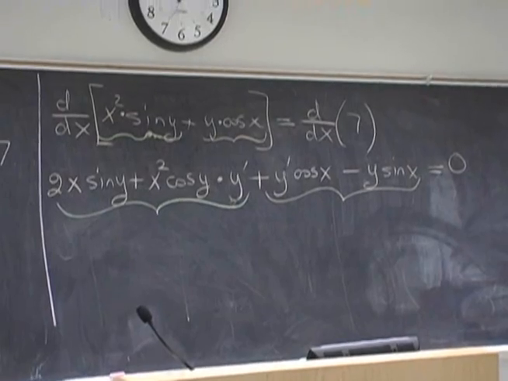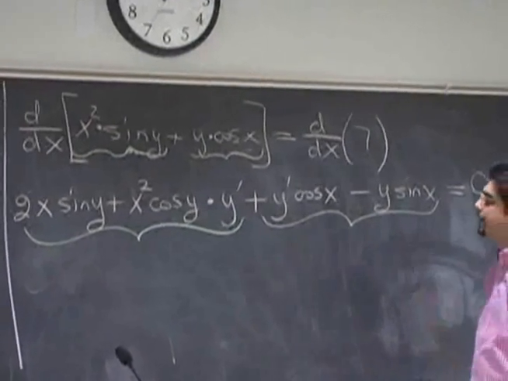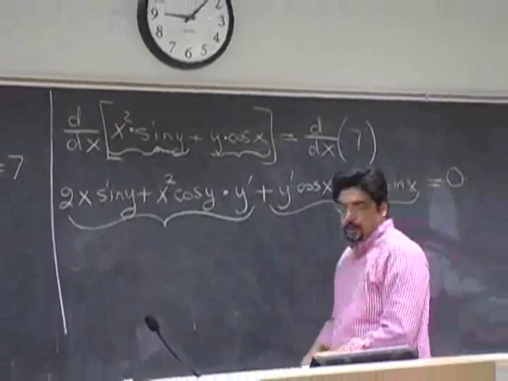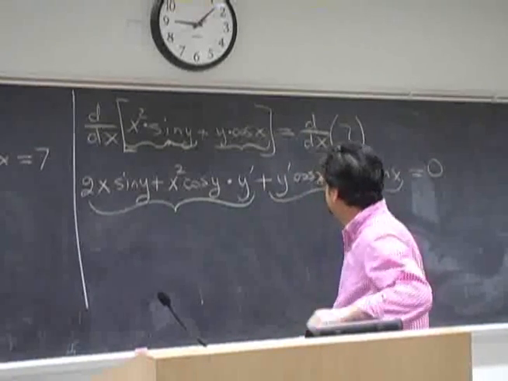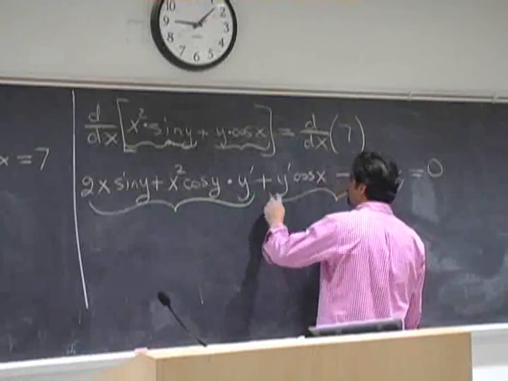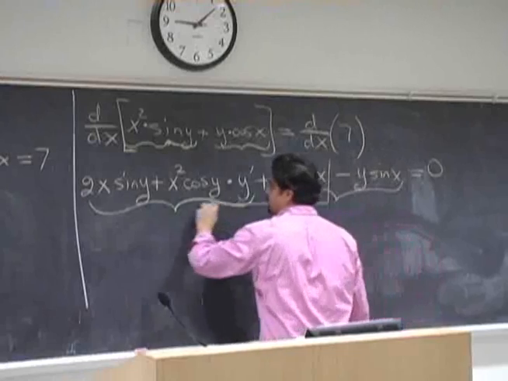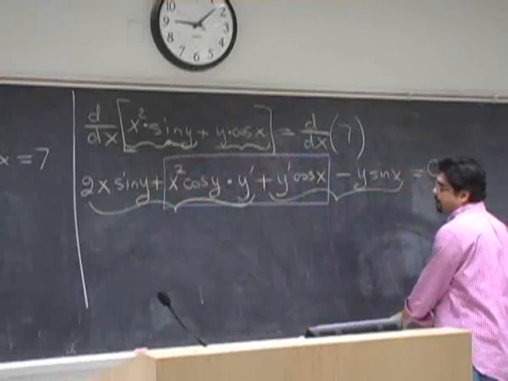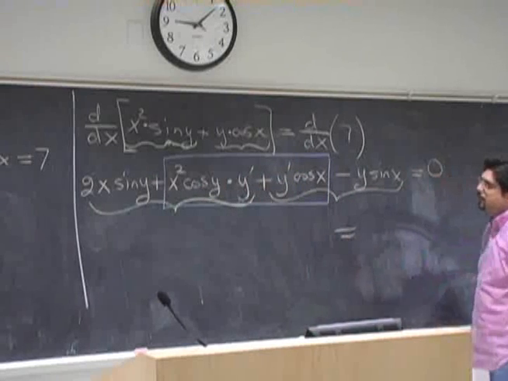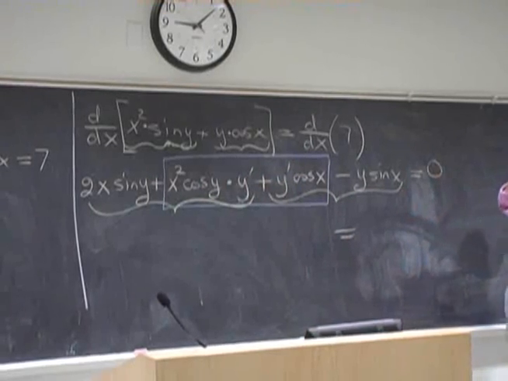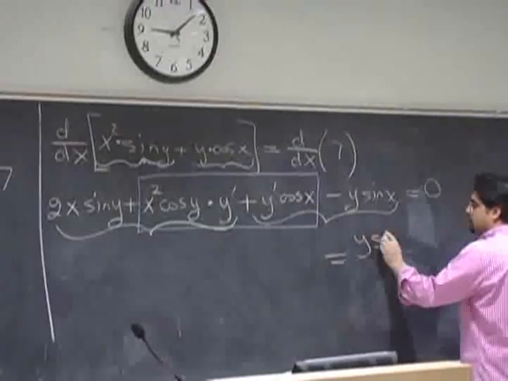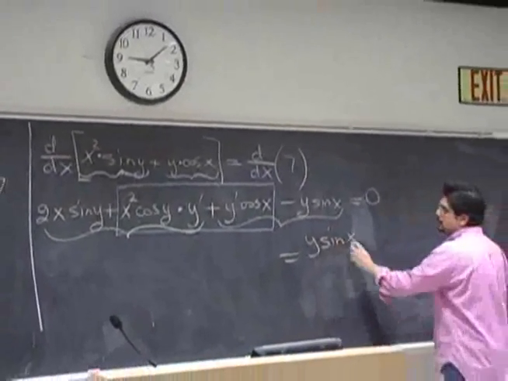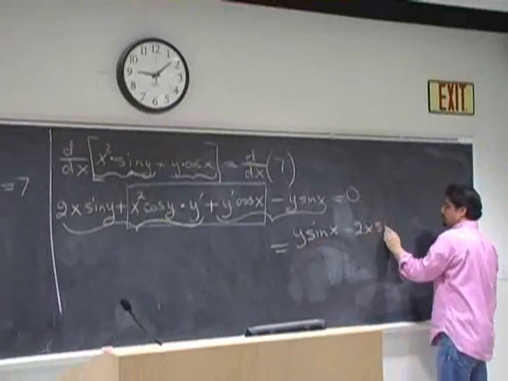Alright, so our goal is to find dy dx, or y prime. So, what terms have that? These two. Right? So, everything that's not in the box can move to the right-hand side, so I can have y sine x minus 2x sine y.